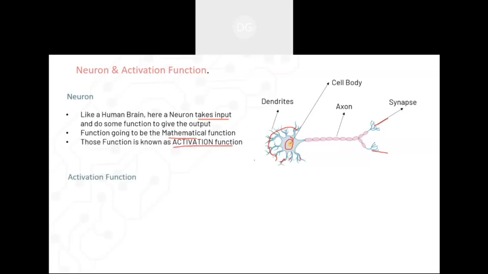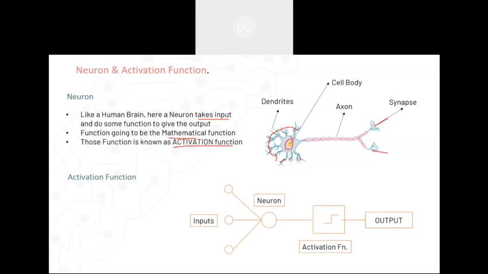As I told, input is there and the neuron is there. If I divide the neuron into two parts, the left hand side part receives all the inputs from the previous layer. Here the previous layer is our input layer, whereas with multiple layers, the output of one hidden layer will be the input of another hidden layer.